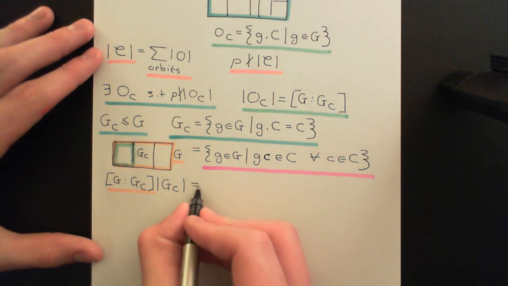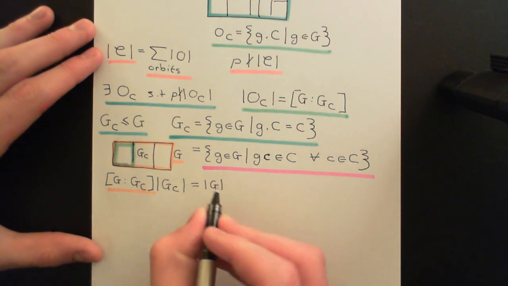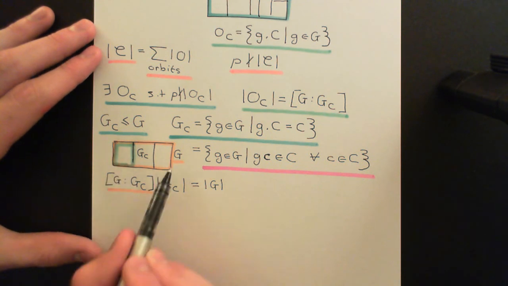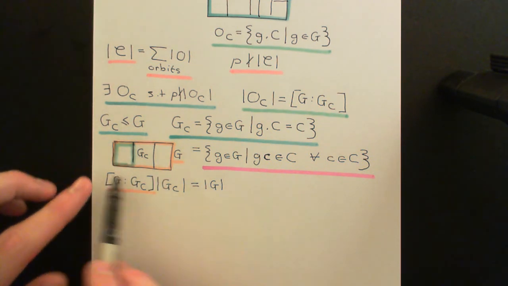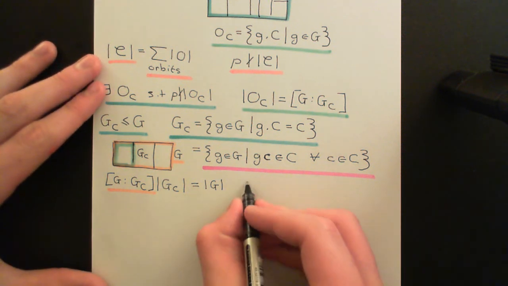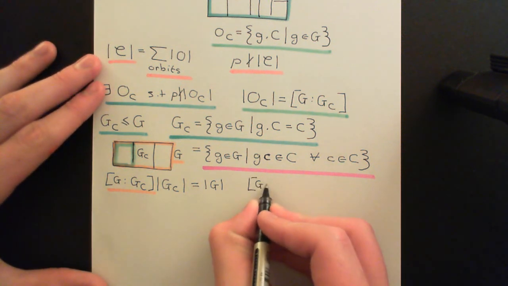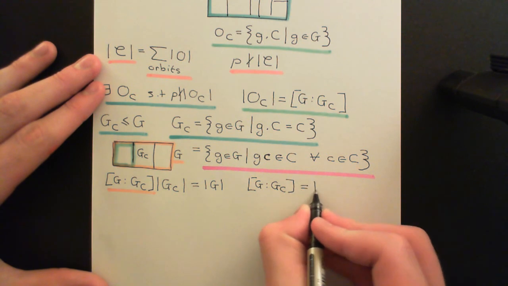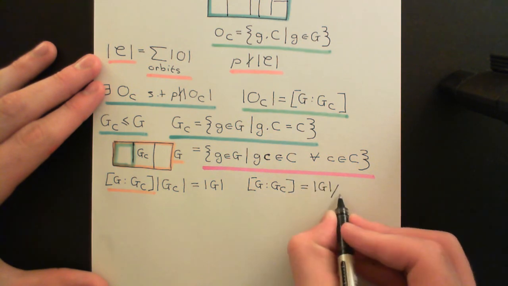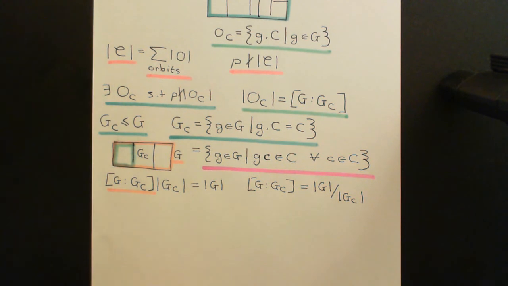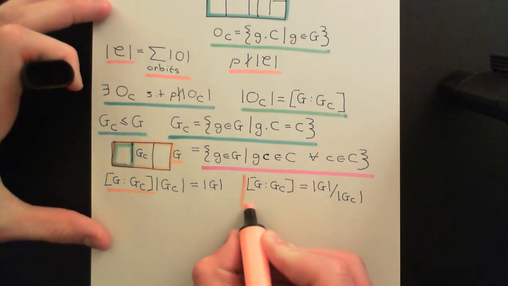Well, I'd end up quite simply with the order of the group. The order of the group is just the size of this subgroup times how many left cosets it has, because eventually they will completely cover the group. And that then tells us that the index of the stabilizer of C in G in the group capital G is just equal to the order of the group divided by the order of the stabilizer of C in G.